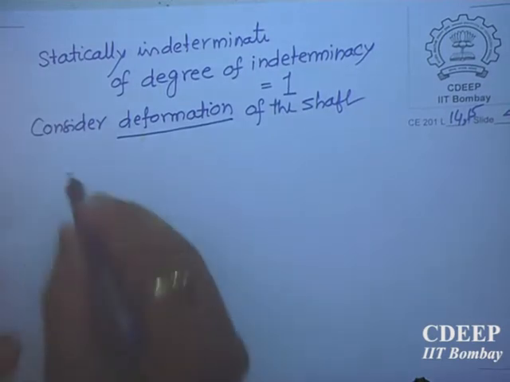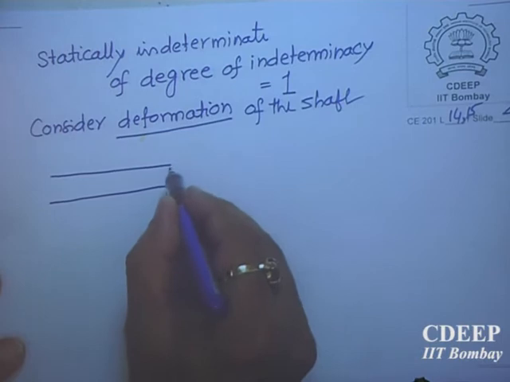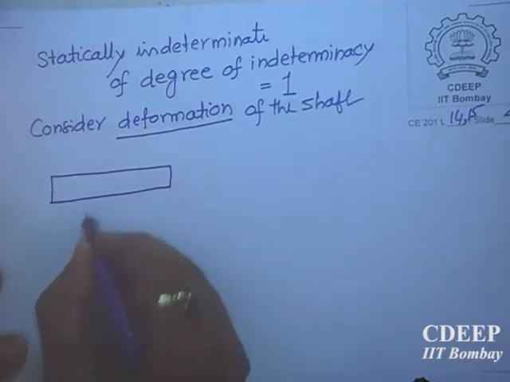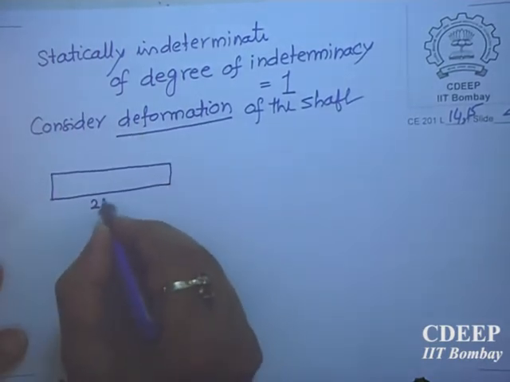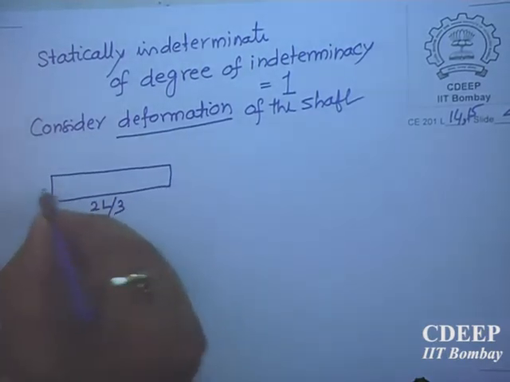So the free body diagrams are, one is AC, that is 2L/3 here. Here it is TA.